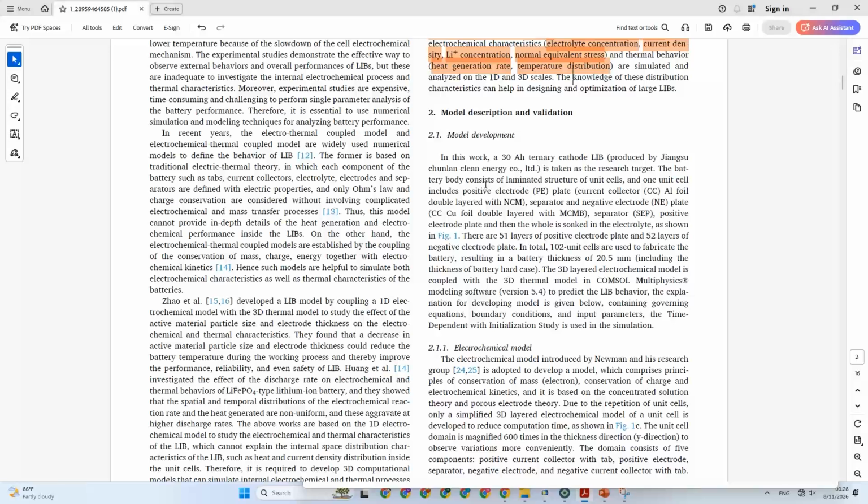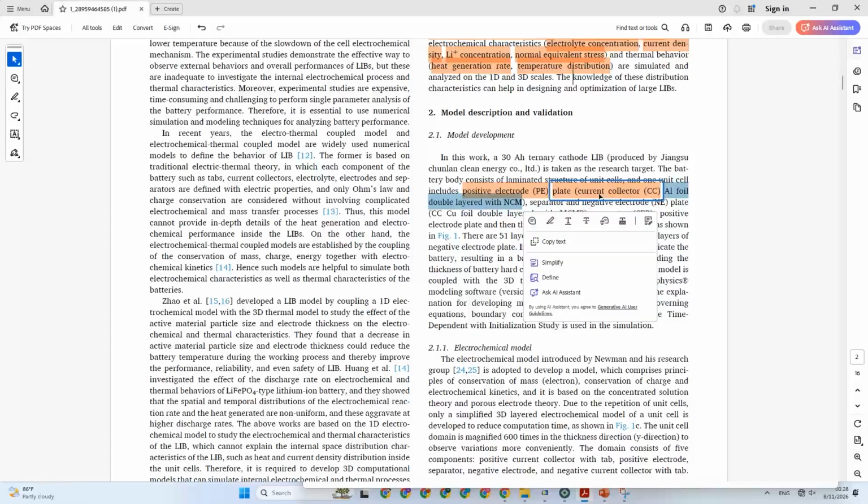The battery body consists of a laminated structure of unit cells, and one unit cell includes a positive electrode plate, PE. It is so important. Positive plate, current collector CC, Al foil double layer with NCM.